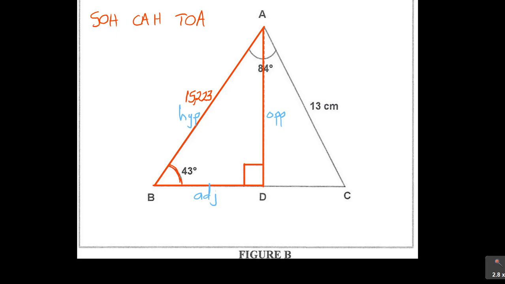So now if you look at SOHCAHTOA here, SOH doesn't have A. I need the one with A, so I'll scratch that one. The first one which has got adjacent is CAH, cos is A over H, which is fine. And the second one, TOA, tan is O, opposite over adjacent, but I don't have this opposite side, so this one is also off. So that is what I'm going to use. So what does it say?